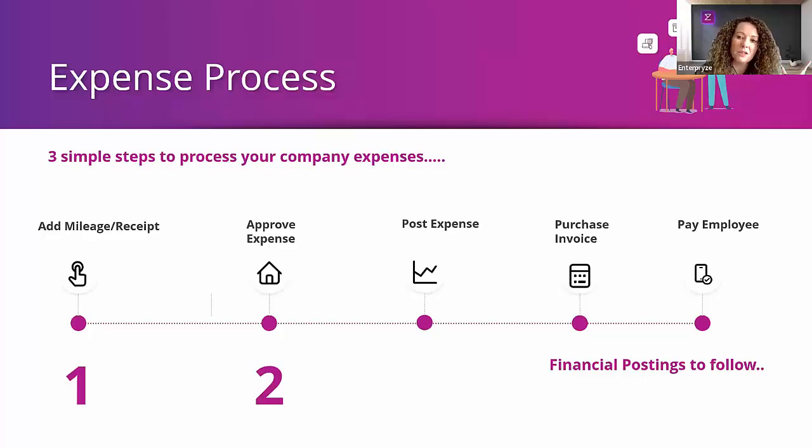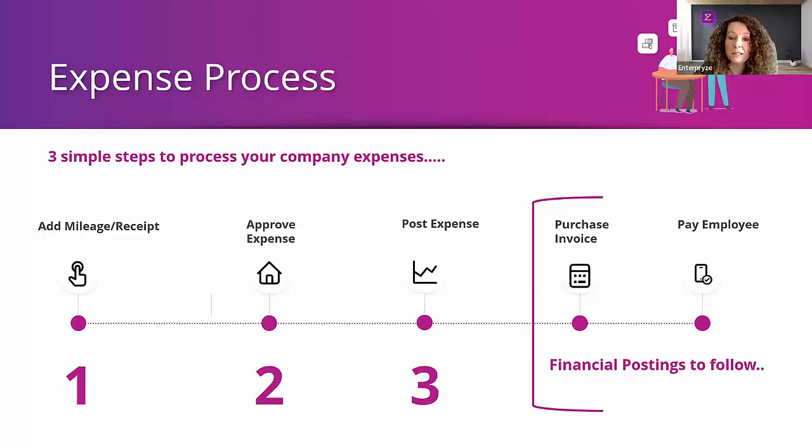And in both instances, in terms of approval and rejection, there are notifications being sent, of course, to the expense user, but there are also notifications being sent to the expense approver. Then we have the postings element of it, which is posting the expense, submitting that then to procurement. So that's where we have the financial postings.